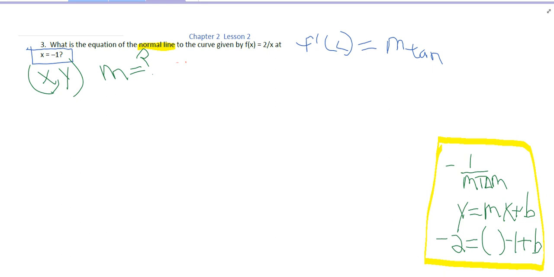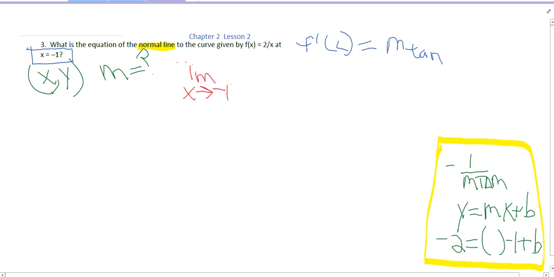So we're going to use the derivative formula, the limit definition, as x approaches -1, and our function is 2 over x minus 2 over -1 all over x minus -1.